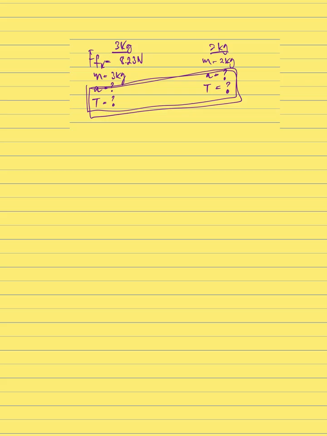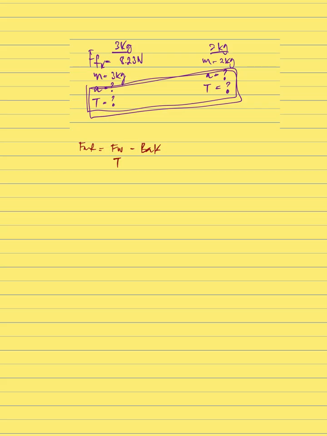Right, before I solve anything simultaneously, let me just get some equations ready. So remember, if I need Fnet, I must say anything forward minus backward. All right, so let's first decide for this 3 kilogram block over here. What's pulling it forward is the tension force.